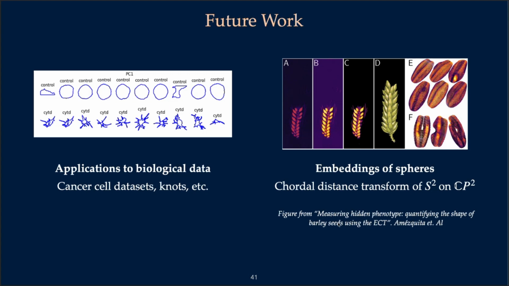Cells are not really 2D shapes; it's only 2D when you put them under a microscope. Cells are really 3D things. For example, tissues are 3D things whose boundary can be modeled by S2. In this paper by Liz Munch, they use ECT, the Euler characteristic transform, to look at shapes of cells, and you'd like to think that these can be described as embeddings of spheres.